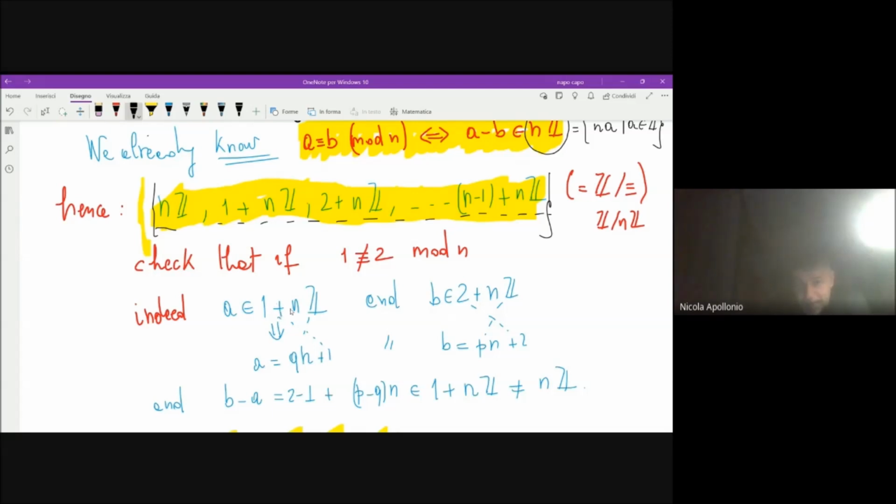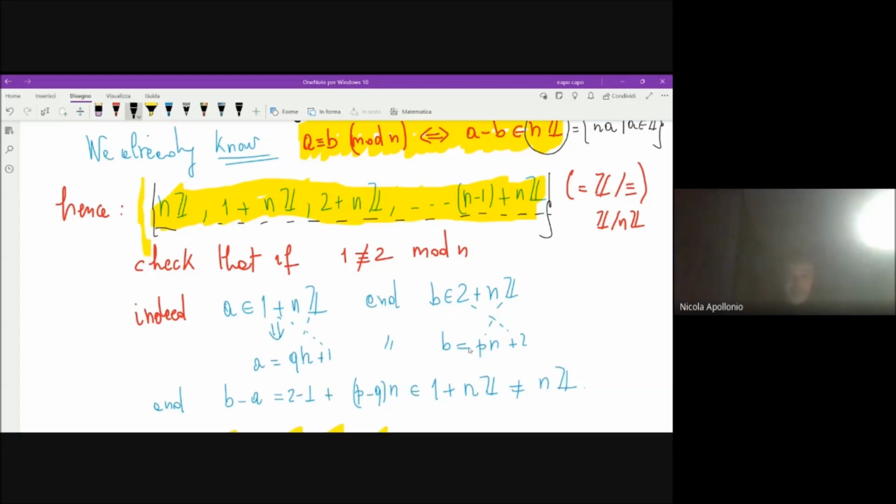Recall that 1 plus n times Z is a set, and is precisely the set consisting of those integers that differ by a multiple of n by 1, the multiples of n displaced by 1. And 2 plus nZ is the set of multiples of n displaced by 2. So these are not congruent modulo n because they belong to different classes.